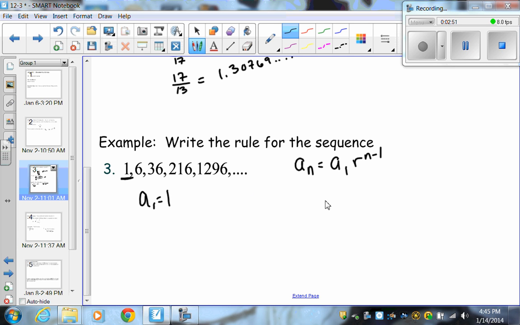And we're going to find r. r is equal to 1296 divided by 216, which equals 6. And again, you could do 216 divided by 36, 36 divided by 6, 6 divided by 1. All of them give you r equals 6. So if I plug that back in, we have a sub n equals 1 times 6 to the n minus 1.